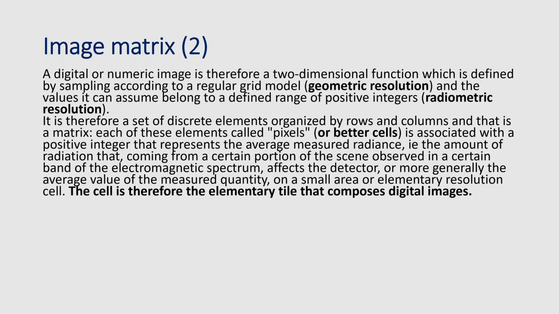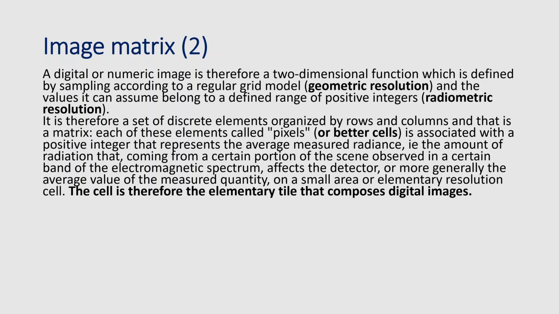A digital or numeric image is therefore a two-dimensional function which is defined by sampling according to a regular grid model that represents the minimum element, the geometric resolution of the image, and the values it can assume belong to a defined range of positive integers, that is of course the radiometric resolution. It is therefore a set of discrete elements organized by rows and columns, and that is a matrix.